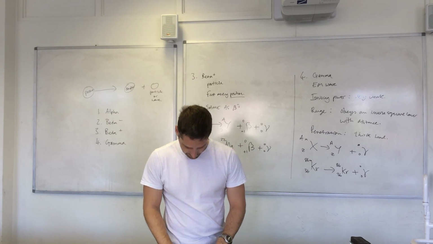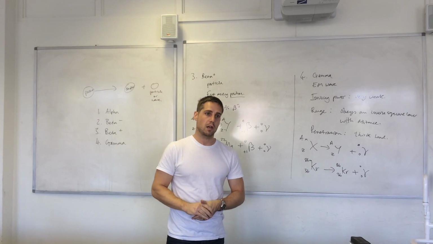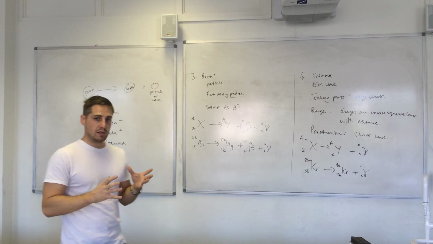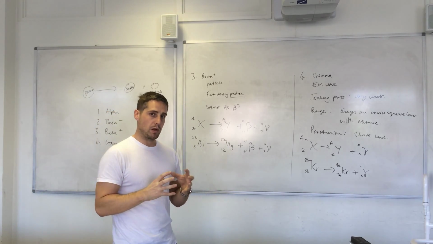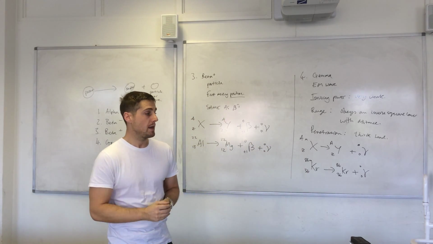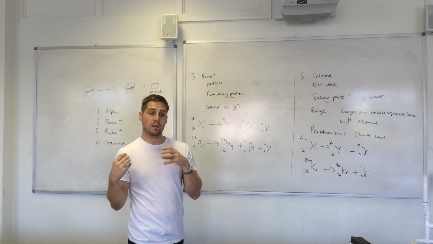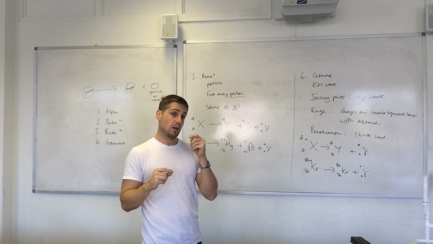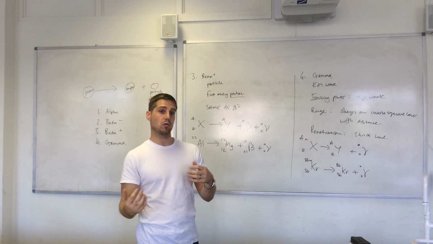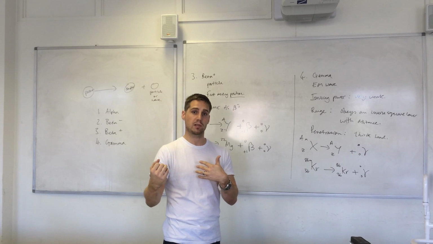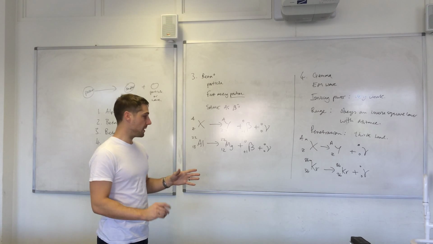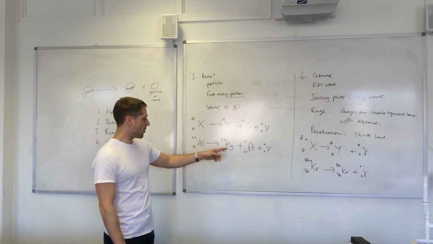Right, last thing you need to do is describe the changes that occur in the atomic structure. So, does the parent nucleus lose some protons and neutrons? If so, how many does it lose? Does the nucleus lose 1 neutron and gain something else, or does it lose a proton and gain something else? So discuss what that is. You should be able to work out what's happening from the equation.